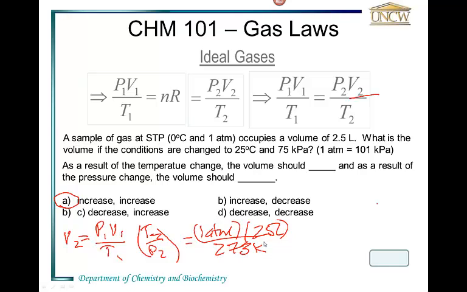The temperature has to be in Kelvin. Now we're going to multiply that by T2, which is 298 Kelvin, divided by P2. Well, P2 is 75 kPa, but 1 atmosphere is 101 kPa. And if you do that math, it turns out the volume has indeed increased to 3.67 liters.